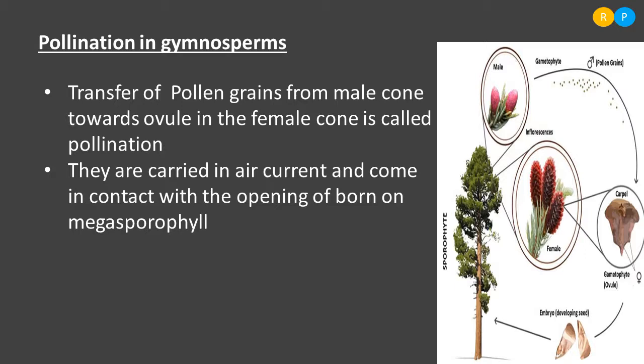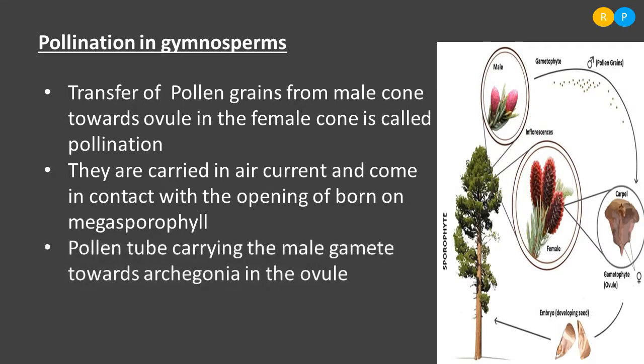In the female cone, the pollen grains fall on the opening of the ovule. We know the ovule is a megasporangium, and the megasporangium has a small opening. The pollen grains come and sit on that opening. When it sits on the opening region, it forms a pollen tube.